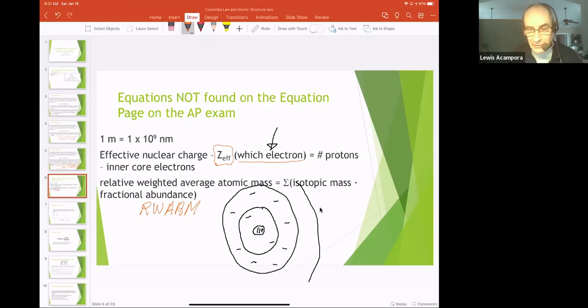And so the effective nuclear charge seen by this electron would be very, very different than the effective nuclear charge seen by this electron.